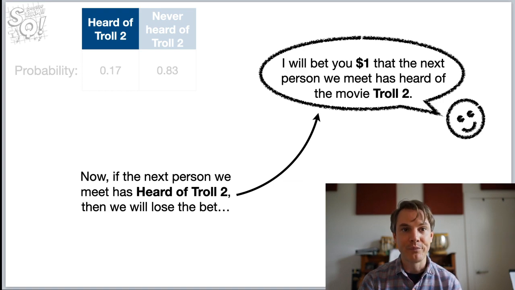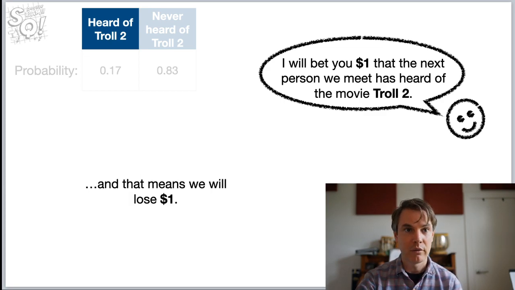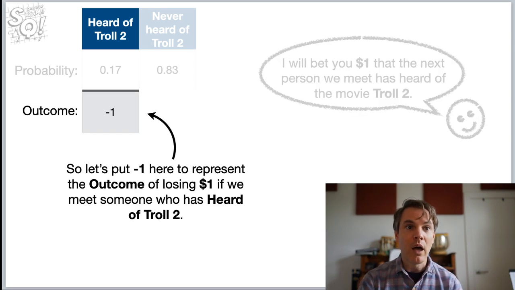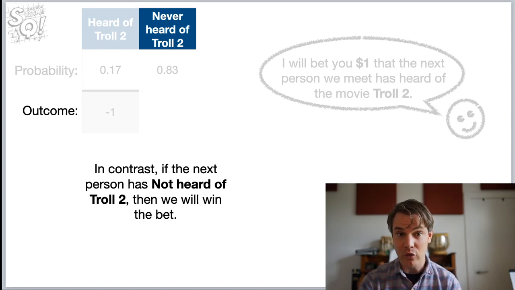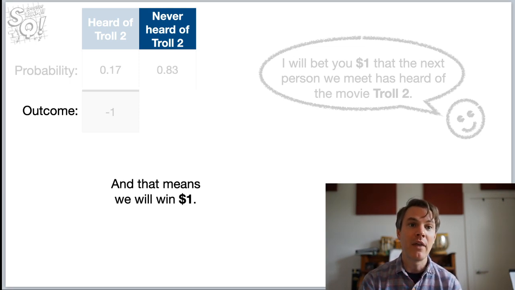Okay, now, if the next person we meet has heard of Troll 2, then we will lose the bet. And that means we will lose $1. So let's put -1 here to represent the outcome of losing $1 if we meet someone who has heard of Troll 2. In contrast, if the next person has not heard of Troll 2, then we will win the bet. Hooray! And that means we will win $1.